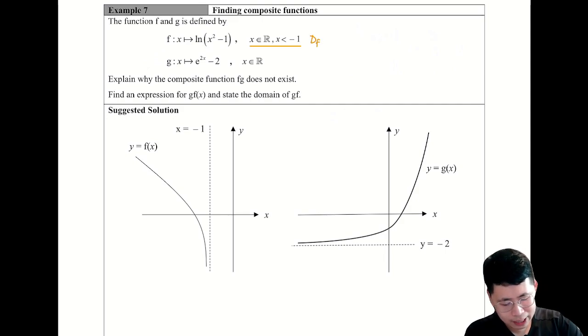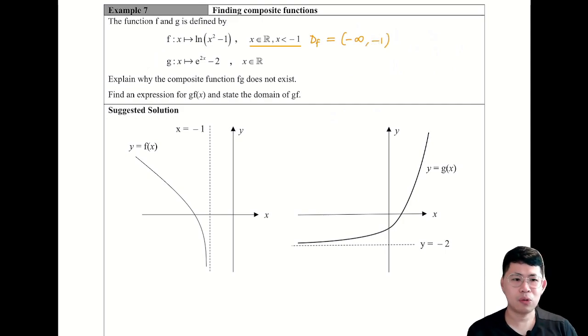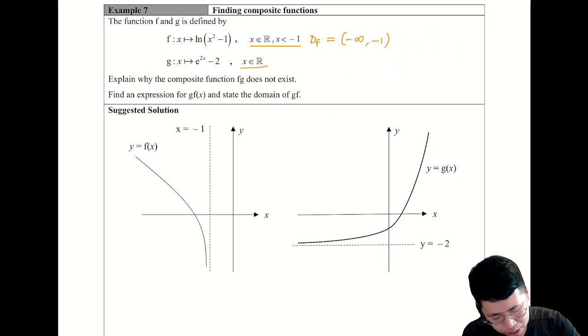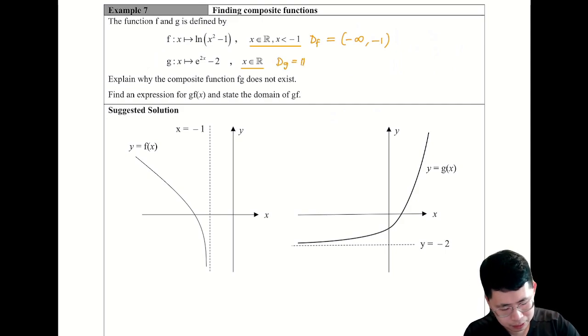If we write this in interval notation, we start with -infinity and end with -1, and we cannot equal -1, so we put a round bracket. Then for g(x), the domain of g is all the real numbers. Explain why the composite function fg does not exist.